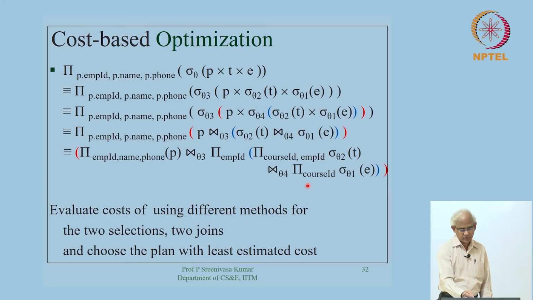So the plan here could be that I will apply this join first, and then the other join. Actually in this case I do not think we have much choice, because we have to apply this join and then apply this join.